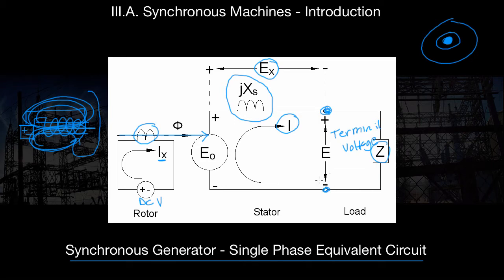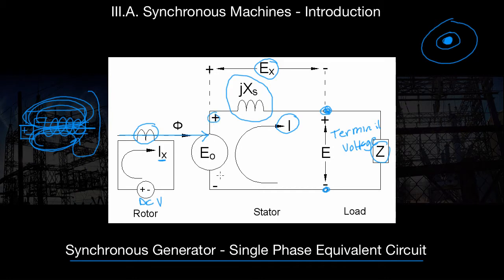Okay. What else can we talk about with a synchronous generator? Let's talk about our voltages. So our induced voltage, EO, you'll notice it's in series with our voltage drop across our synchronous reactance, and it's also in series with our load or terminal voltage, E. So an easy way to sum this up, notice the polarity of all these.